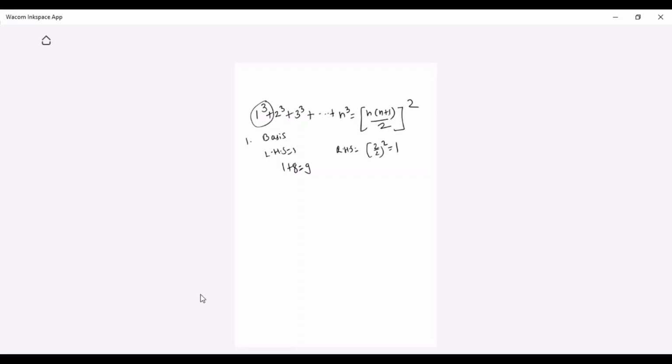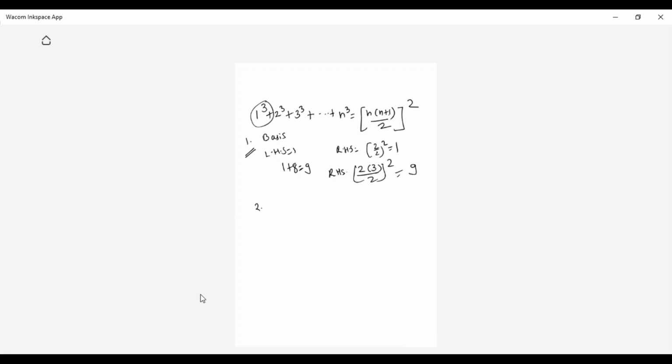RHS: 2 plus 1 is 3, divided by 2, whole square. So 2 will get cancelled out and I'll be getting 9. For n is equal to 3, LHS I'll be getting 36, RHS also 36. So if you go on checking n is equal to 1, 2, 3, whatever LHS value you're getting, you'll be getting on RHS. So the first step we have proved. So basis is that.